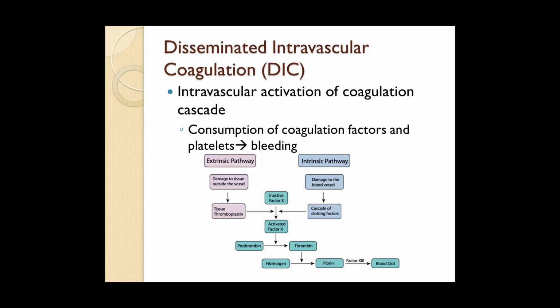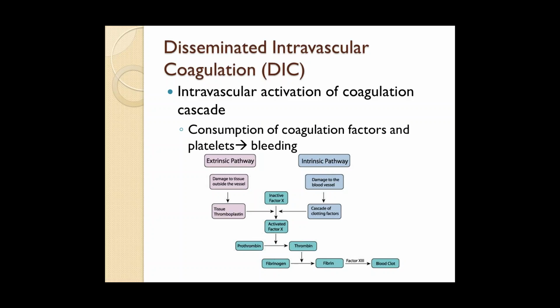So how does DIC happen? DIC occurs with the activation of both the extrinsic and intrinsic clotting pathways. The extrinsic pathway is activated with damage to the endothelial lining of the vessel, or in other words, damage to the tissue outside of the blood vessel.